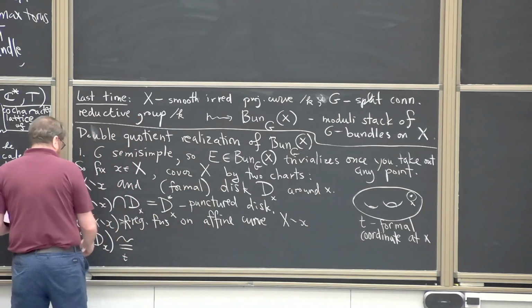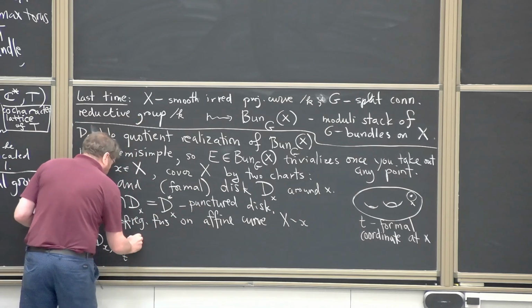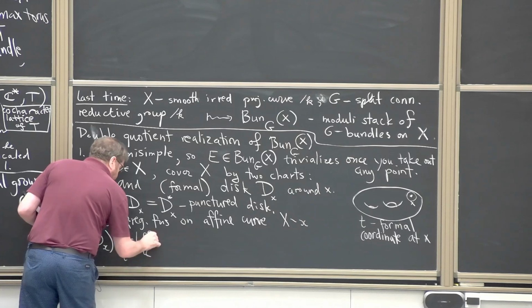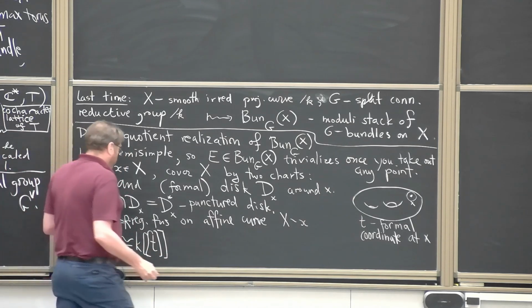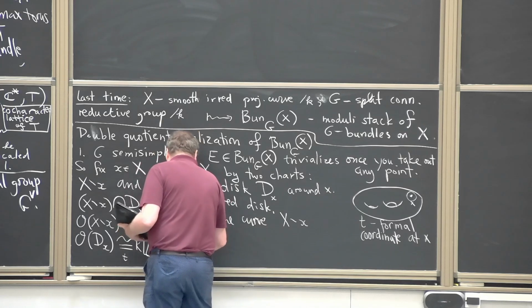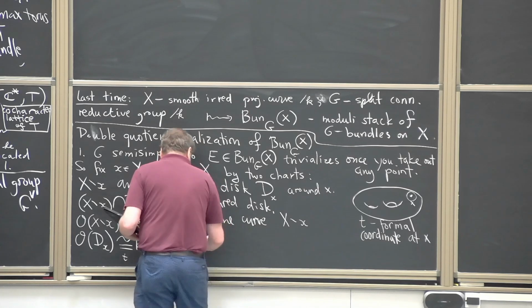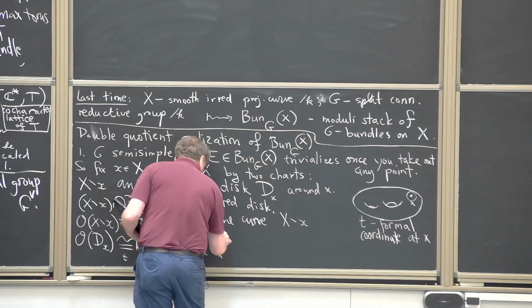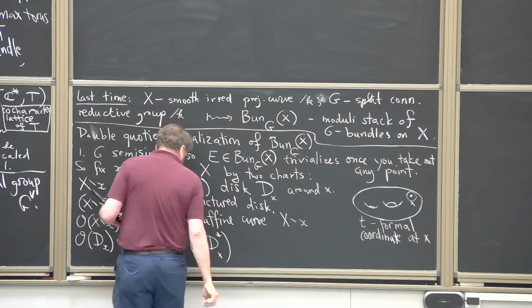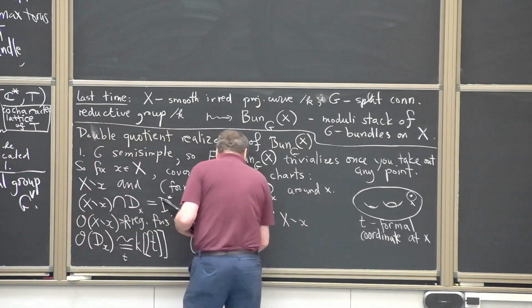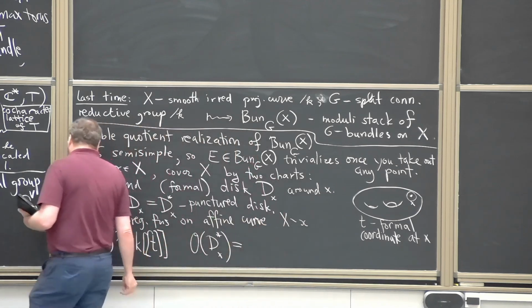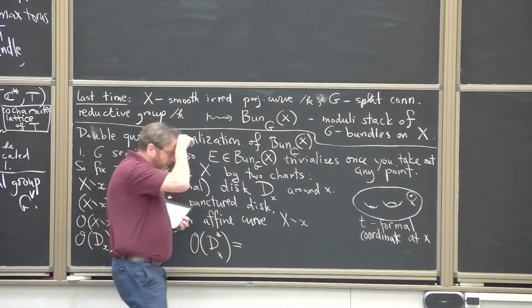And standard disk functions there are just formal power series in t. And then you can take O of dx times dx star, which is a punctured disk. So if we delete things from ordinary disk, we get Laurent series.